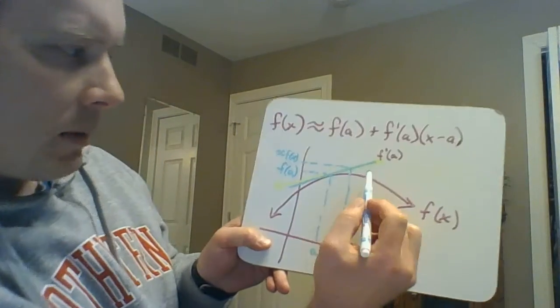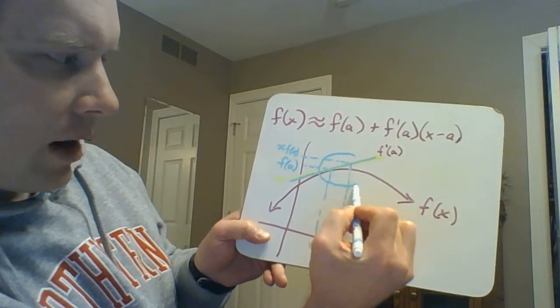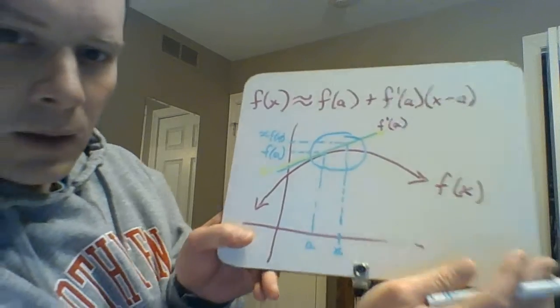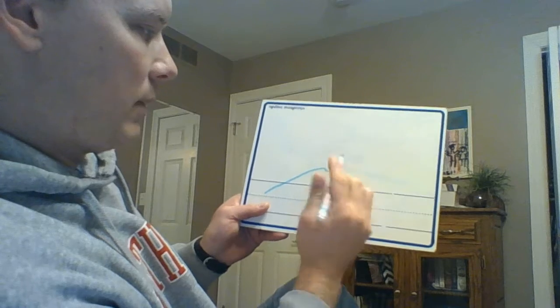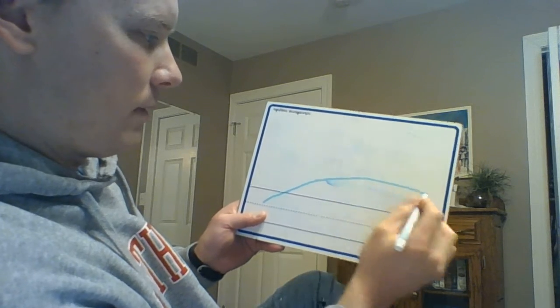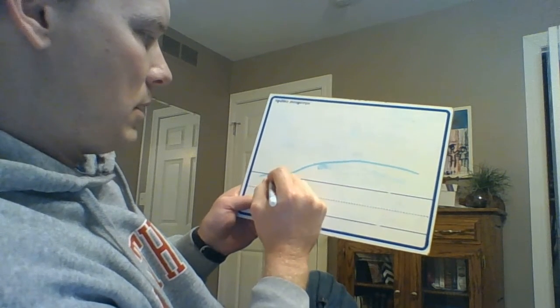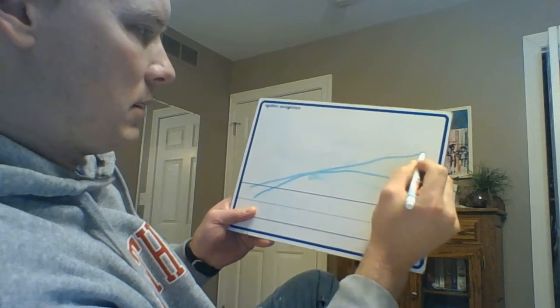And then what we're going to do is zoom in right here. Obviously I could just zoom in close, but I want you to be able to see it a little better. So here's our curve. Oh, that was a bad curve. Here's our curve. Here's our tangent line.